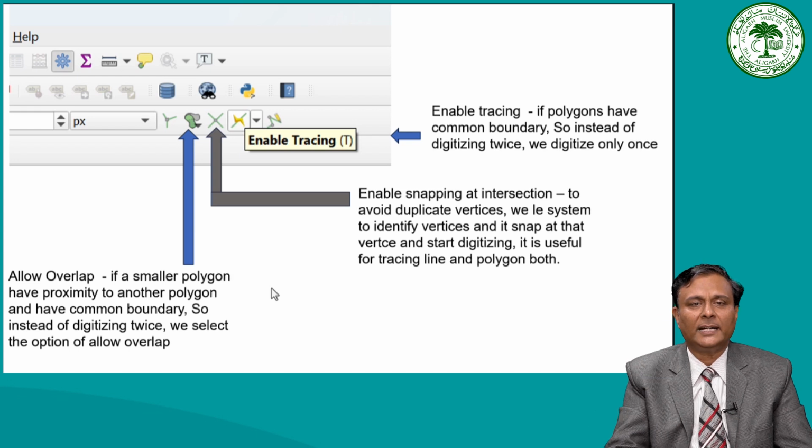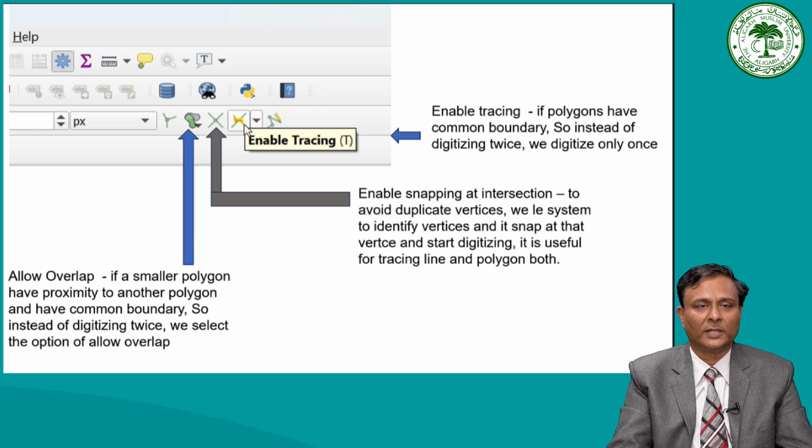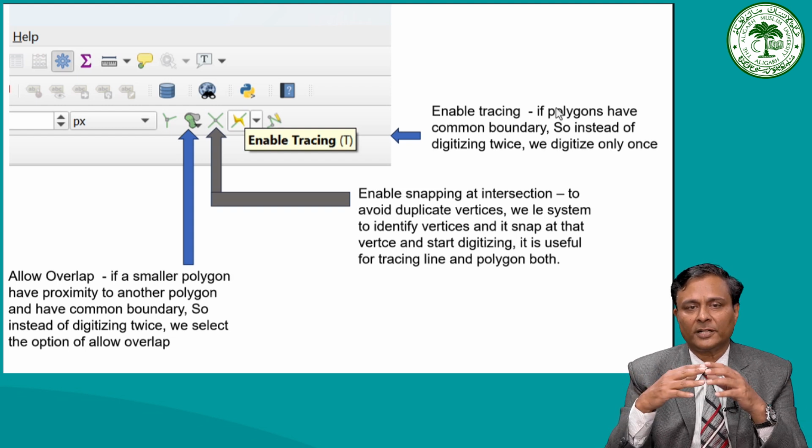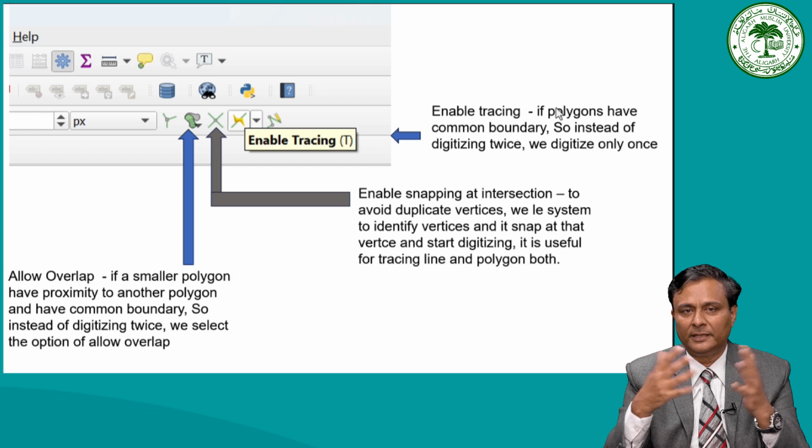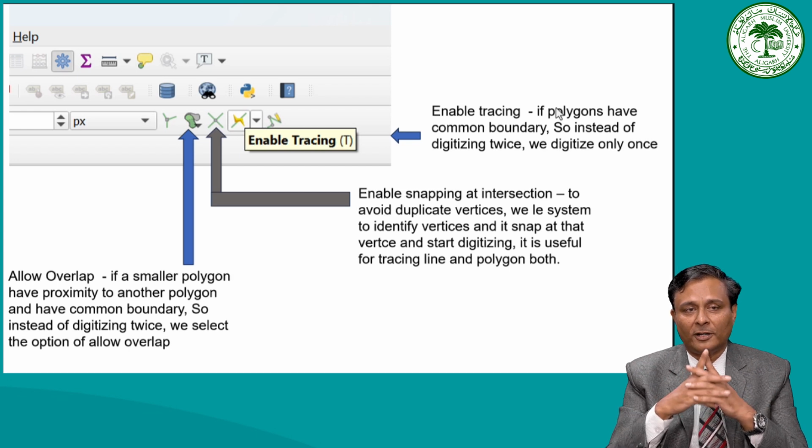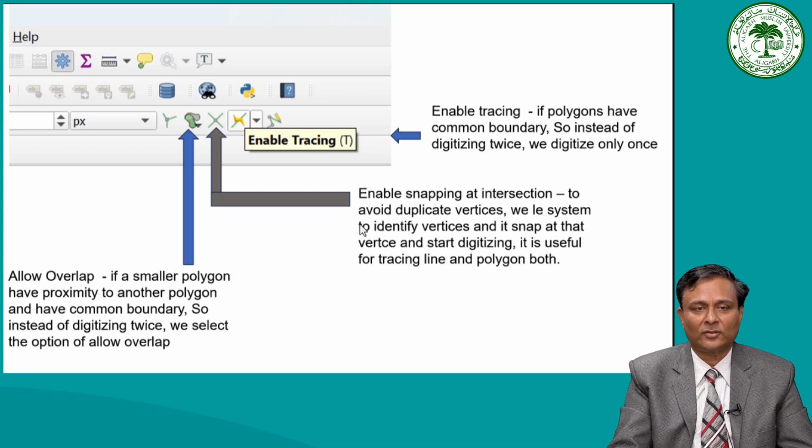Then another can be enable tracing. This one. If you click this, it will appear as enable tracing. Now, if the polygons have a common boundary, instead of digitizing twice, we can digitize only once. But for that, you need to select this also. This would result in enable snapping at intersection.